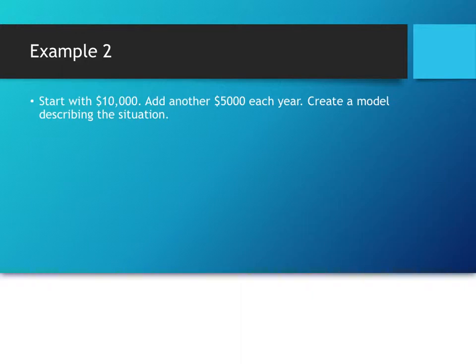All right, hopefully you've done that. This is, again, a linear function. If you're going to build the model, I guess we'll call F the amount I have. X is going to be the number of years, and I'm starting with 10,000.